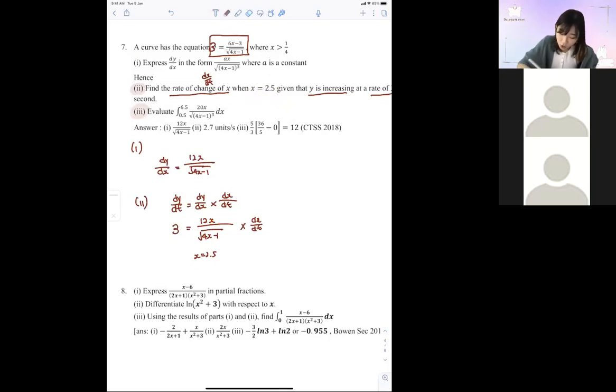Okay, I erase this. Now that you can sub x inside, this question is quite nice to you. Let me just have 12 times 2.5.